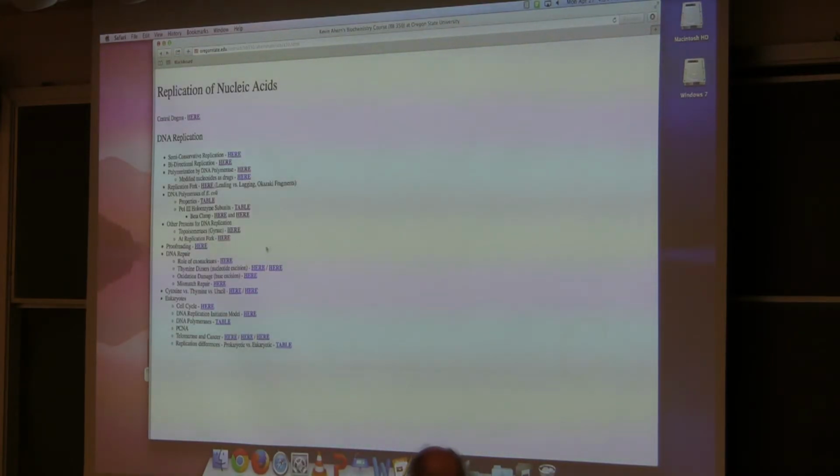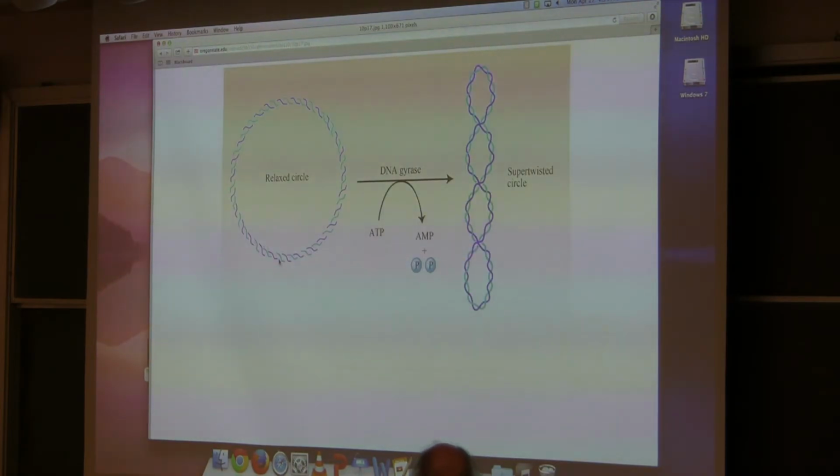And because it affects the tension, topoisomerases can affect supercoiling. Turns out topoisomerases can relieve tension, and some of them can create tension. They can work both ways.